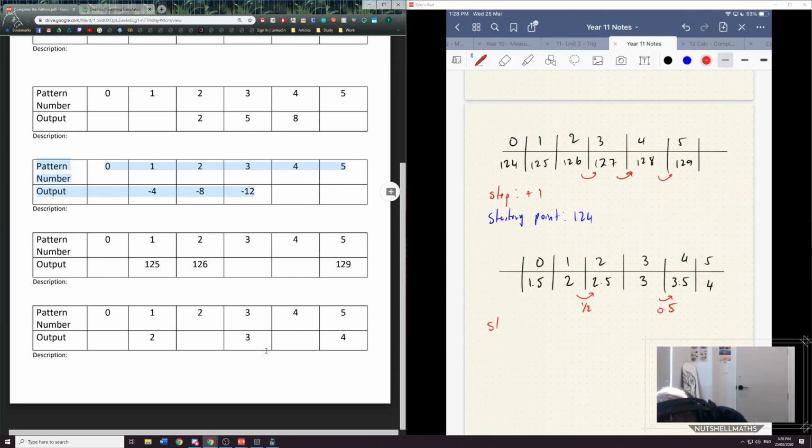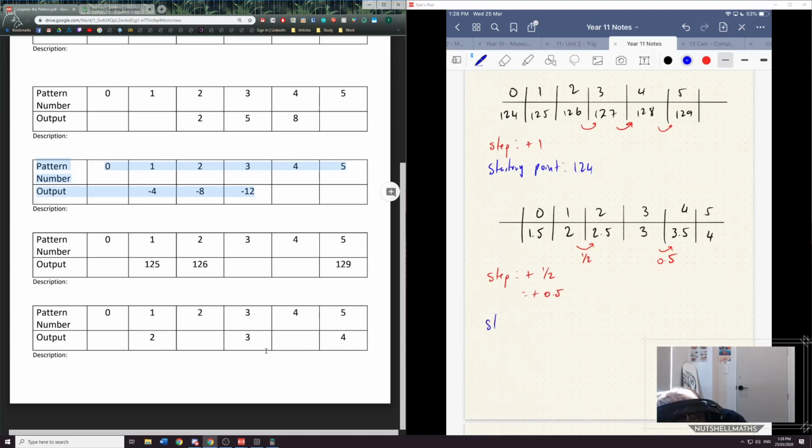Which therefore our step is up by a half. Or you could also write it as plus 0.5, whichever you prefer. Right? And what's our starting point? Well, our starting point here is 1.5. Right, so far so good. Hopefully we're happy with that.